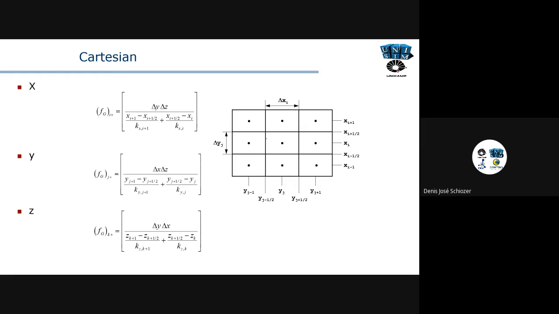Here I'm giving some simple examples of how we write this geometric part for a Cartesian block, which is very simple to model, considering X and Y. For example, for the I block here, we have delta X and delta Y. Considering the same nomenclature we are using, for example, Y, I+1, I-1, I-half, and so on, we can write the geometric parts of the block by considering the area.